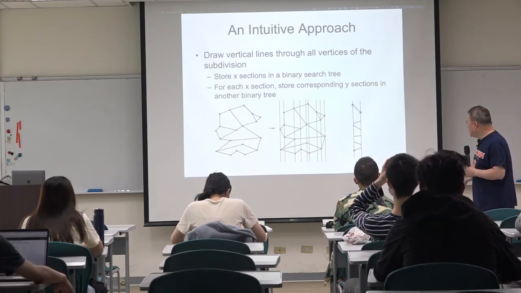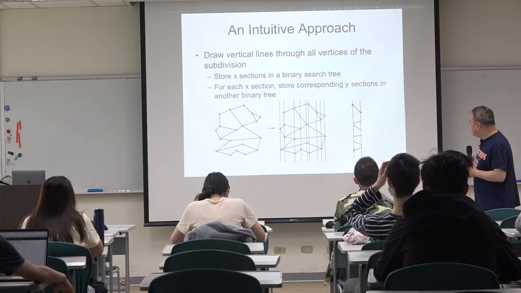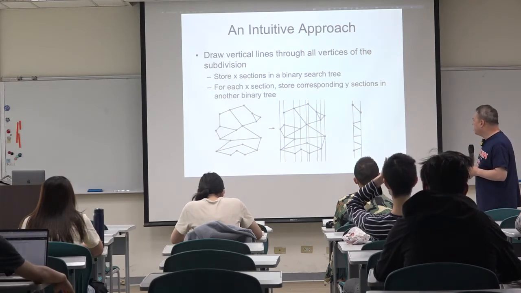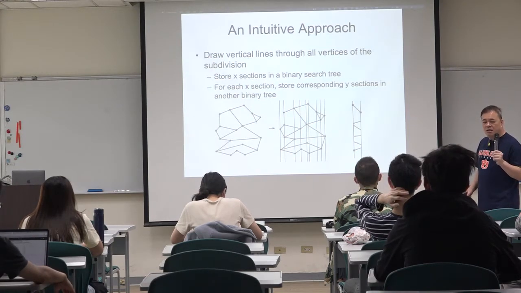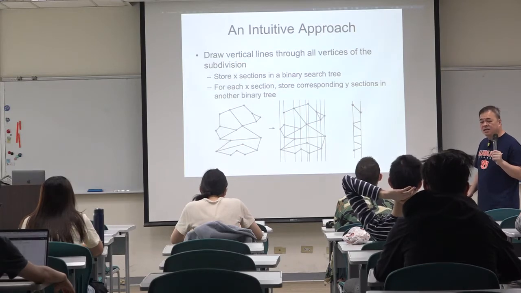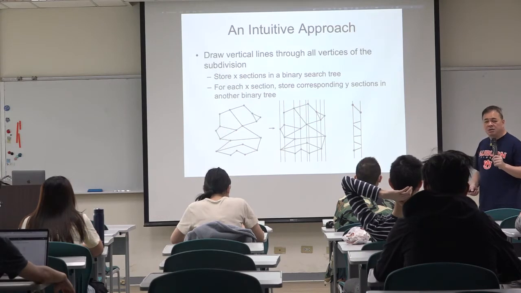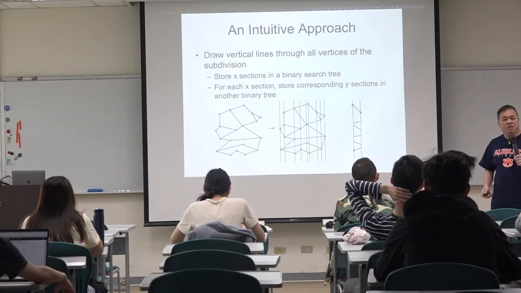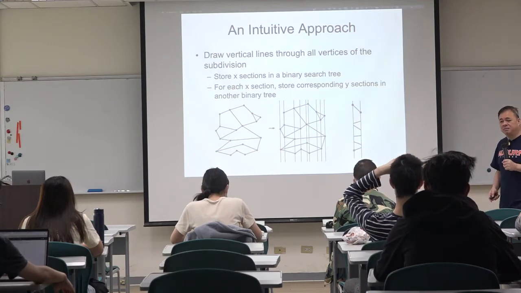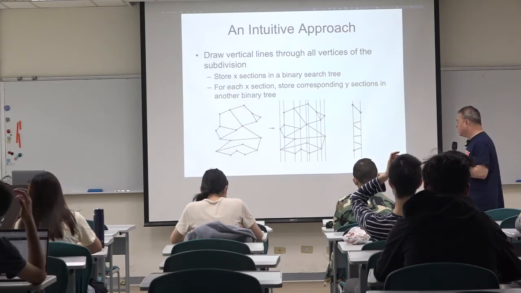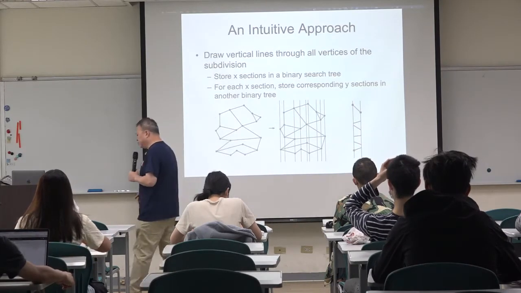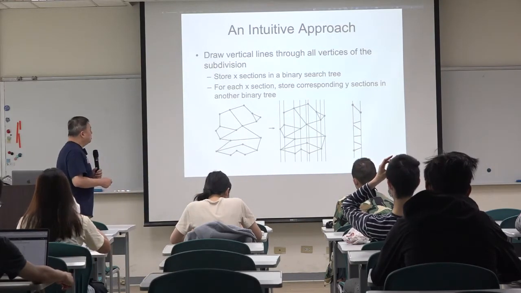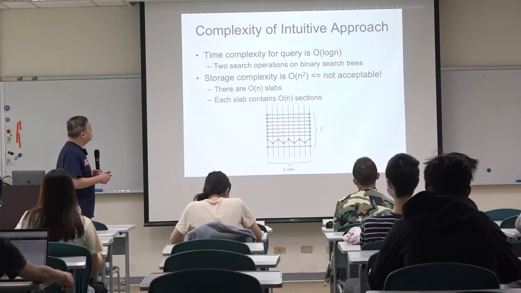The computation to find which region in a slab contains that query point also takes log n. So it's going to be 2 log n, and the result is log n. It's pretty good. You couldn't expect better than that. So this is a good approach, but we have an issue.